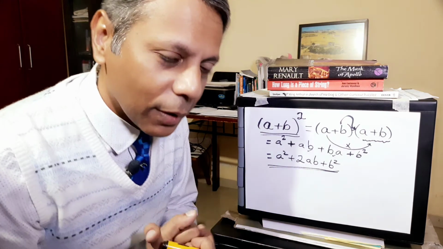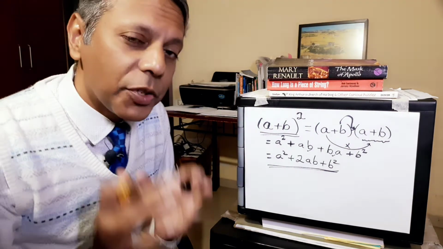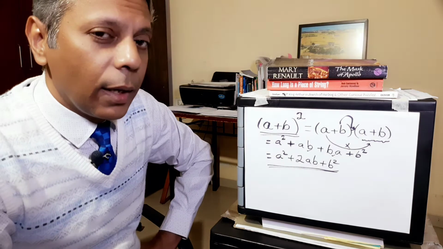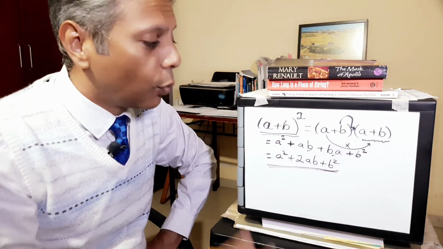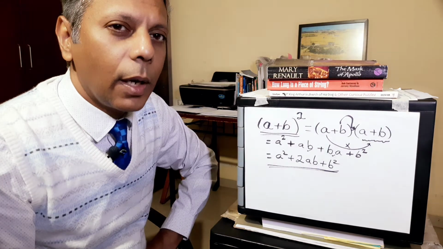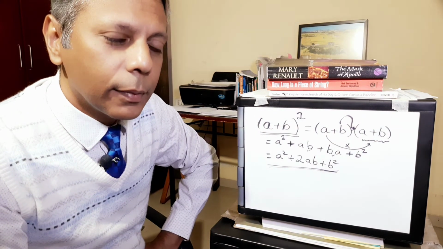It's hardly a masterclass. But suppose the challenge was, show that this is true without expanding this. How would you do it? How would you do it?